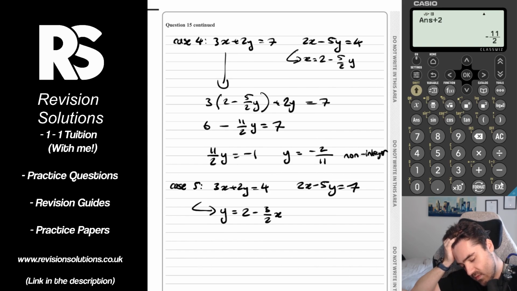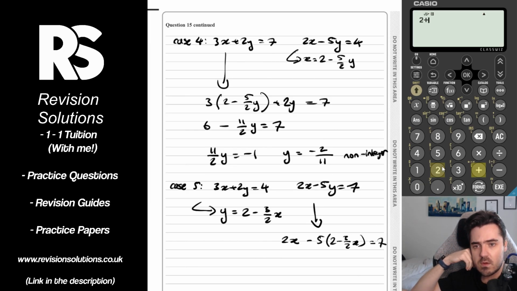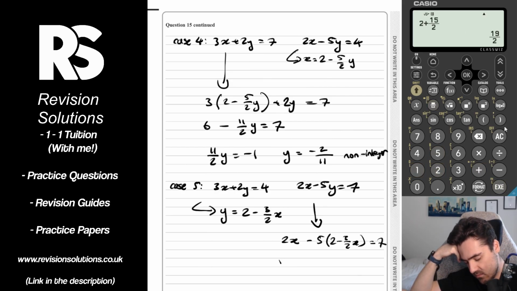Then plugging that into this guy, we would have 2x minus 5 times 2 minus 3 over 2x equals 7. We've got 2 plus, and it's double minus, so a plus 15 over 2. That's 19 over 2x.